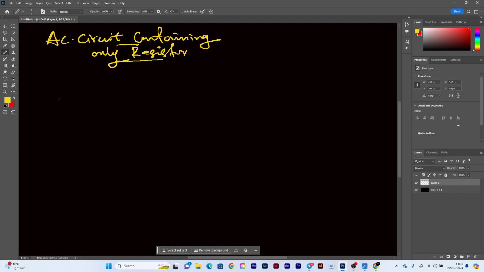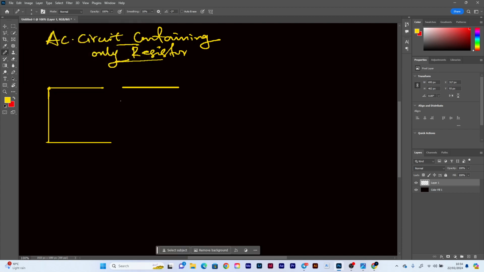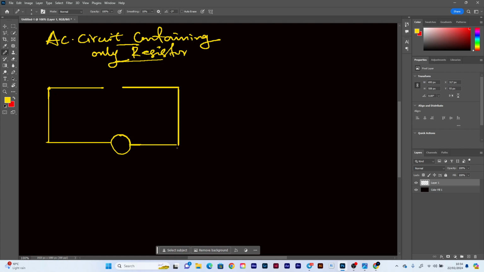So let's see how it works. This is the resistor now.